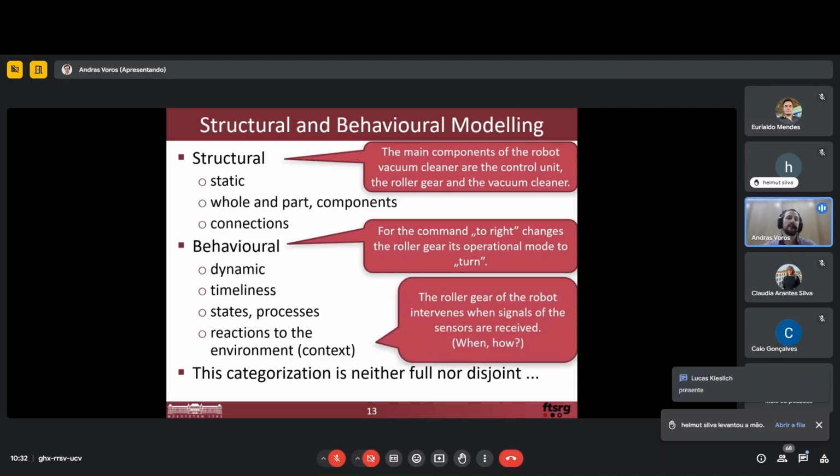So they define, for example, how the roller gear should be controlled when some signals are received from the sensors. But this categorization is neither full nor disjoint.